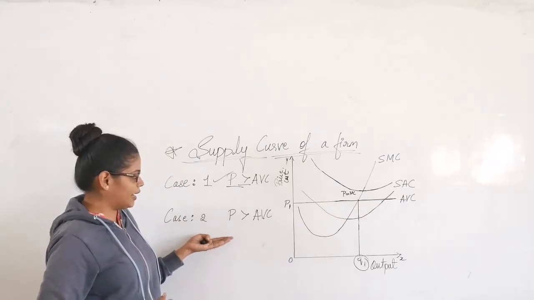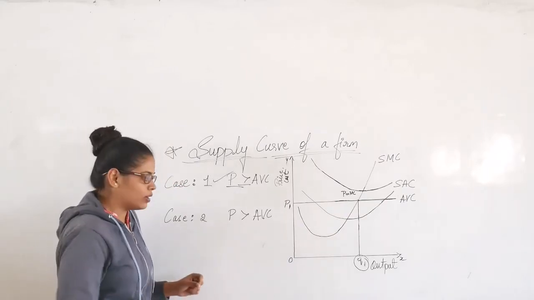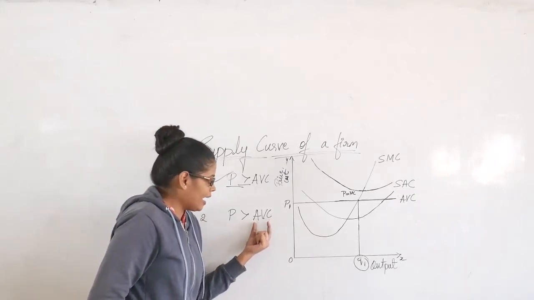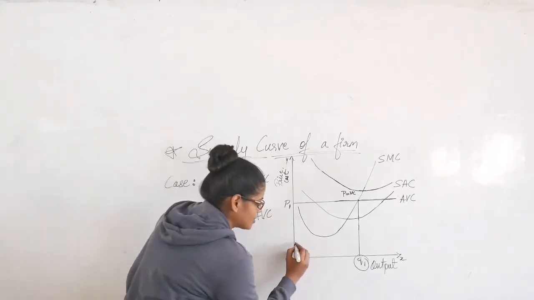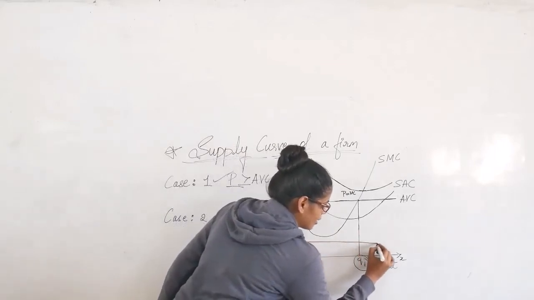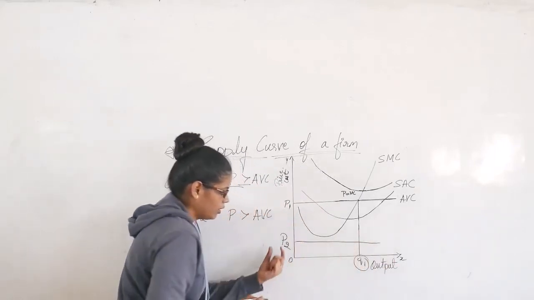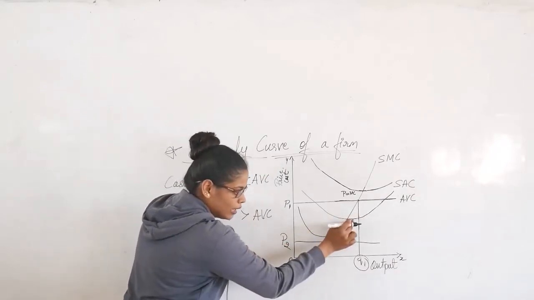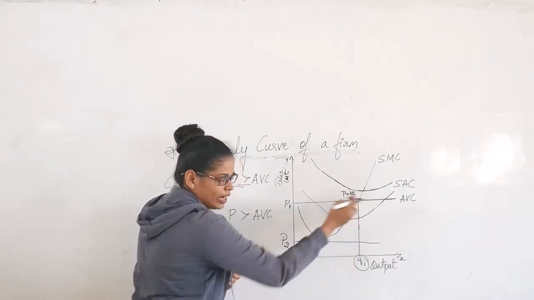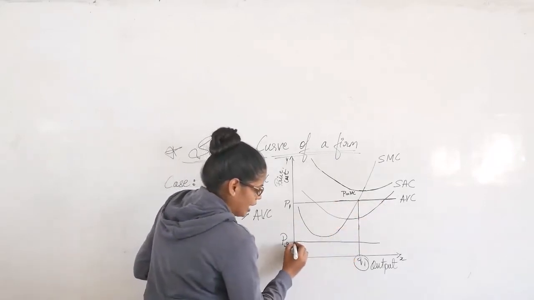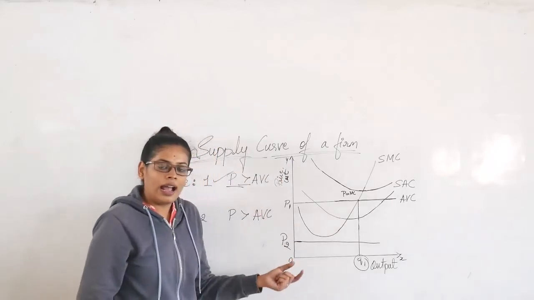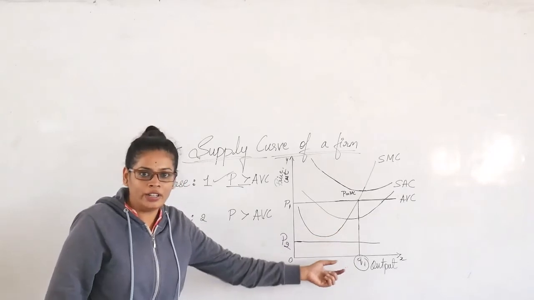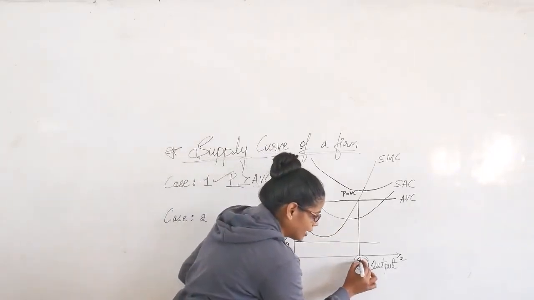Now let's move to the second case. What does the second case talk about? The second case is talking about the price being less than the average variable cost. Let's mark this as P2. You can see that the price line is now smaller than the average variable cost. Can the firm sell the output at Q1?